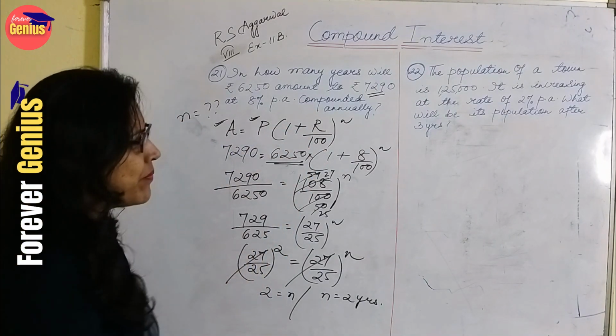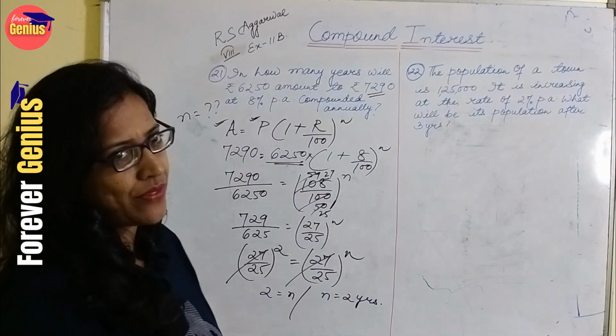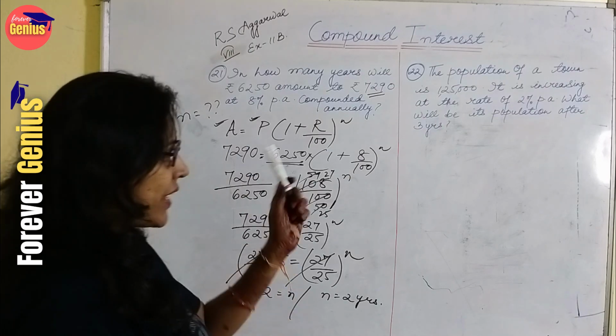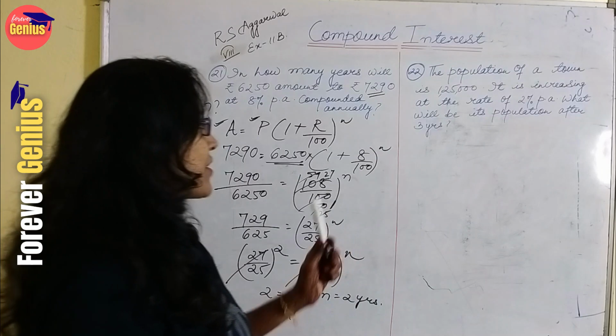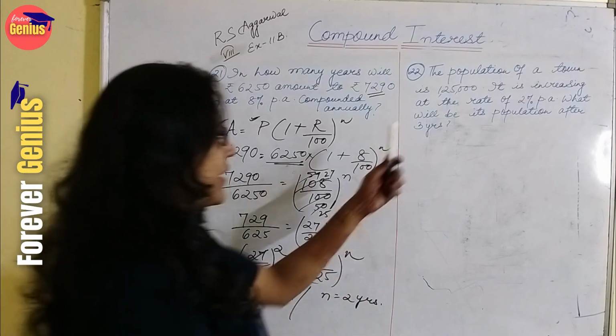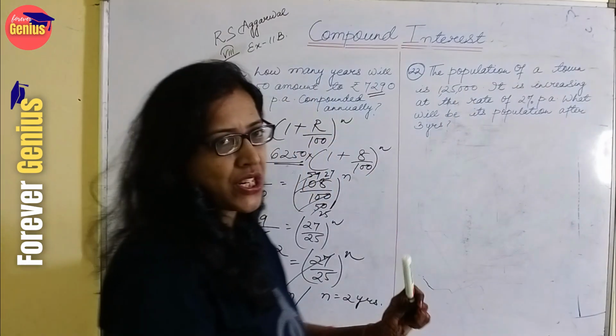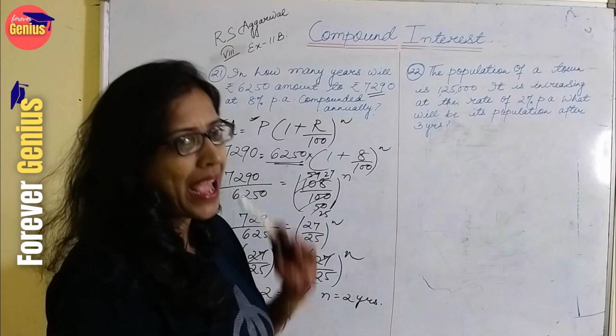Now see the next sum. The population of a town is 1,25,000. In this case, P becomes the population of the town. Instead of giving the value of anything, the rate is given in terms of population. It is increasing at a rate of 2% per annum.